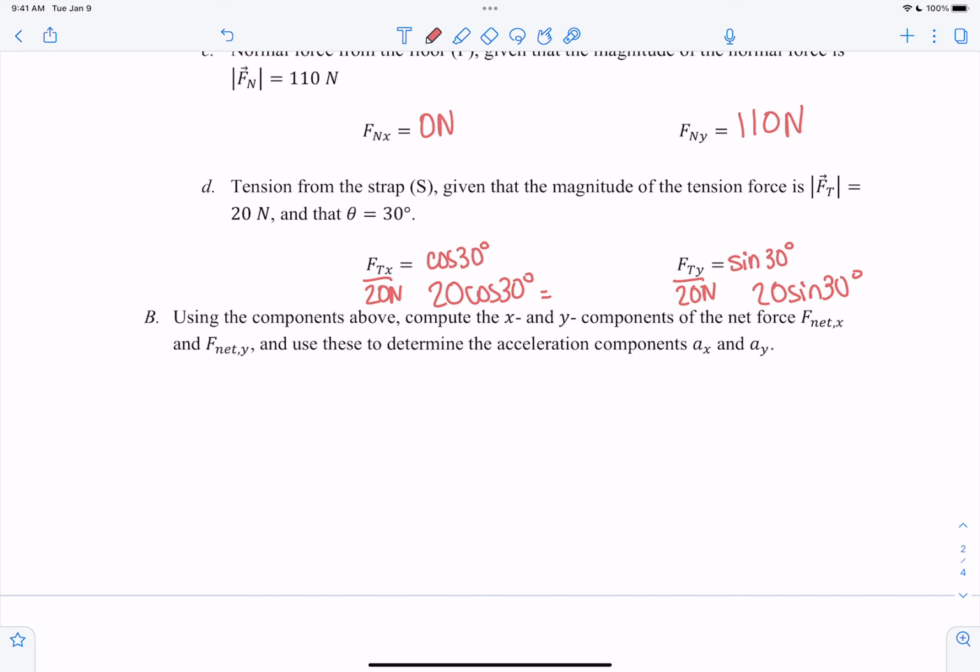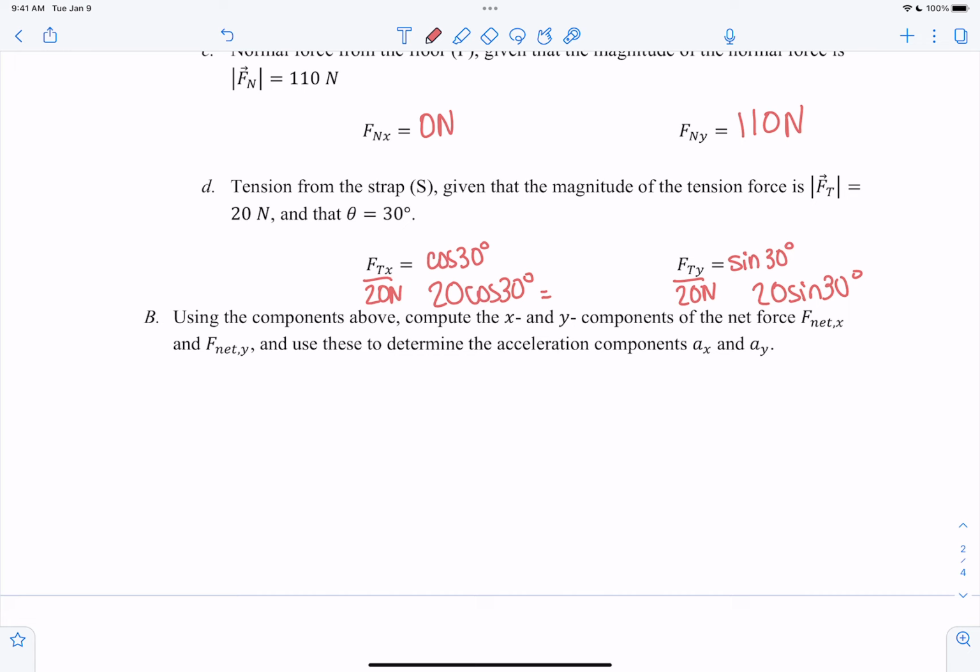So that's 10 newtons, I think. Let me make sure here that I'm doing this correctly. Yeah, I think I have them mixed around.